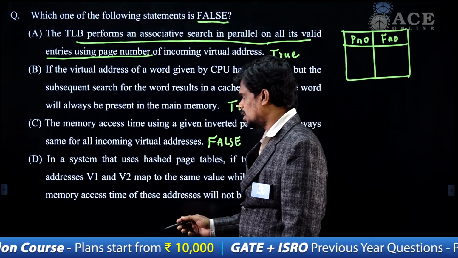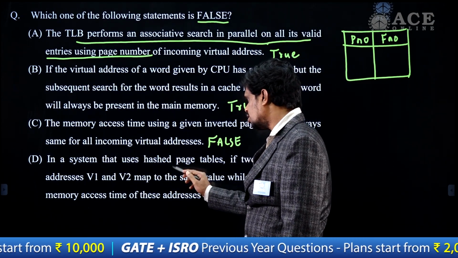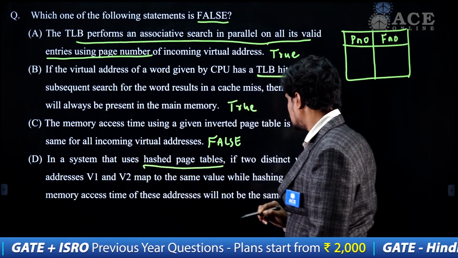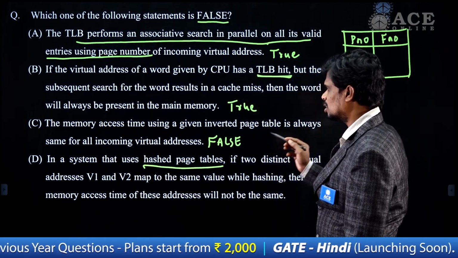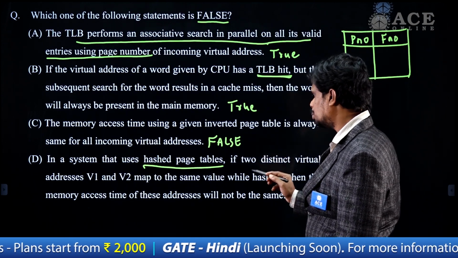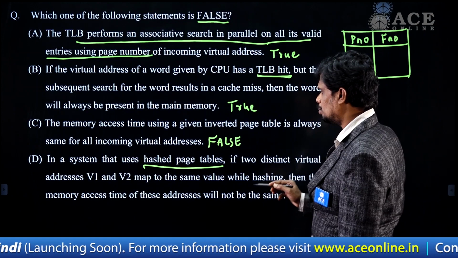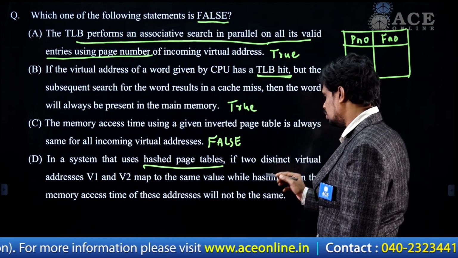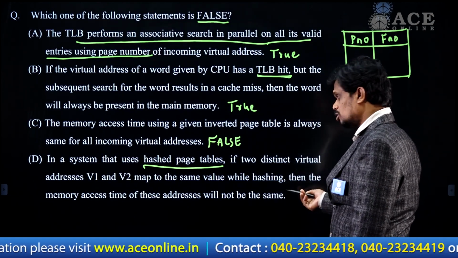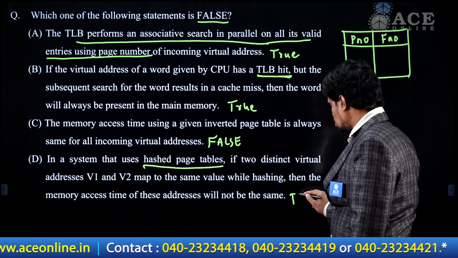Then coming to option D. In a system that uses hashed page tables, if two distinct virtual addresses V1 and V2 map to the same value while hashing, then the memory access time of these addresses will not be the same. Is it a true statement? Yes, it is true.